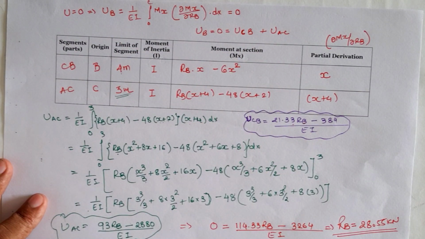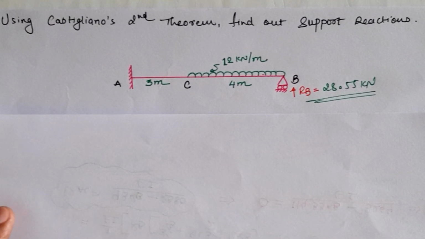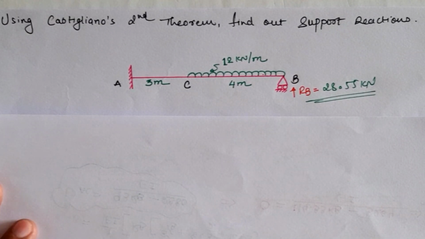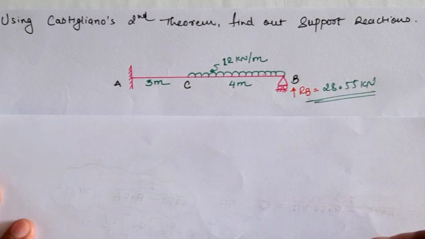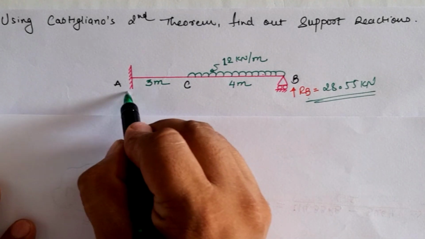calculation. Now going ahead for the final reaction of the given beam, as per the above calculation, we have calculated redundant reaction RB as 28.55 kilonewton.